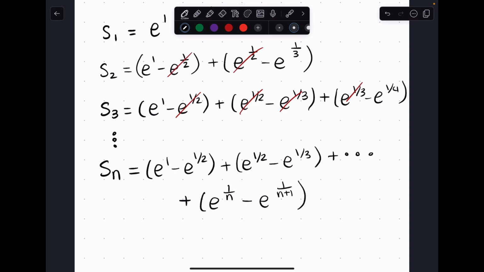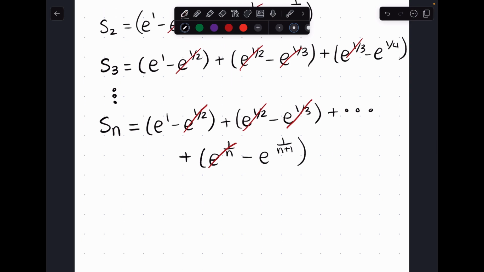And notice that the tail of the previous term cancels with the front of the next term. Eventually, this e to the 1 over n is going to cancel with the previous term as well, and we end up getting that S sub n can be rewritten as e to the 1 minus e to the 1 over n plus 1.